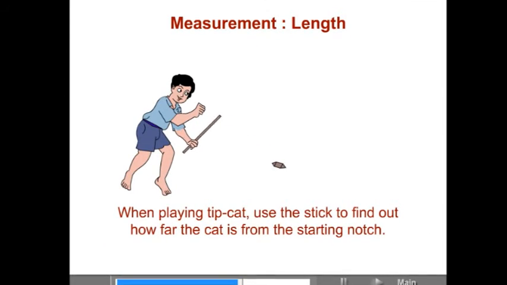Children, do you play tip cat? Now, when playing tip cat, use the stick to find out how far the cat is from the starting notch. You're measuring the distance with the help of the stick. So you are using the stick span.